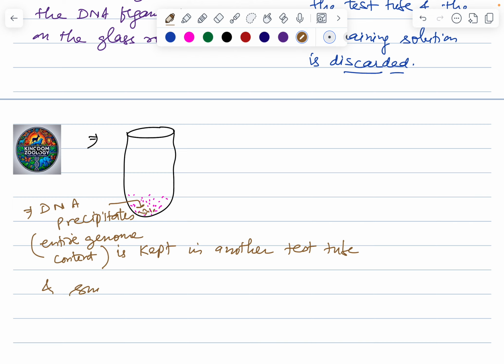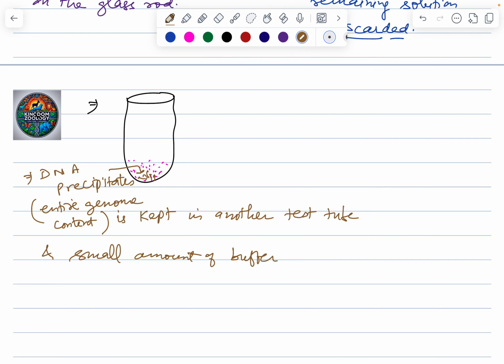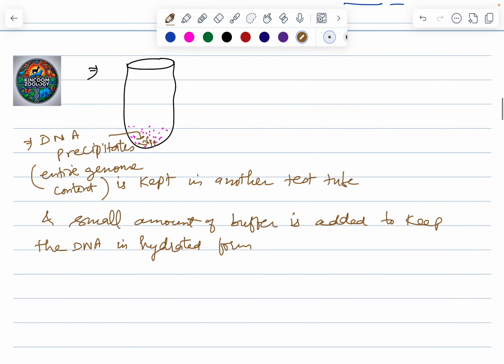Let's say if I've taken out the DNA precipitates by spooling, I would collect them in a separate test tube, and a small amount of buffer is added to the test tube to keep the DNA in hydrated form. So right now I have got the entire genome of an organism. Which organism? The one who's a natural source of my desired protein product.